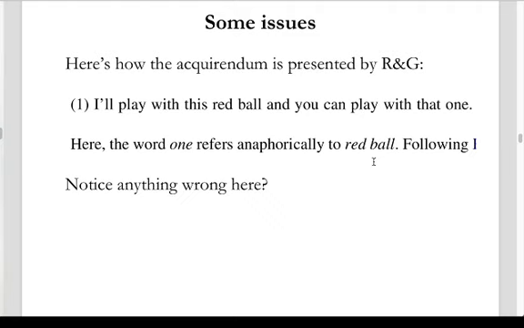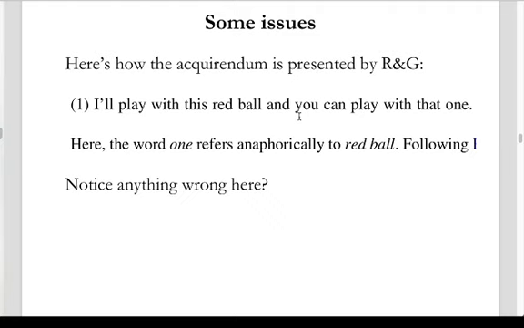So if you go back to the Baker presentation of this argument from the 1970s, the claim is not that in sentences like this, one has to refer to a red ball. In fact, if that were true, then it would be trivially easy to learn these facts. The claim is that it can either refer to a red ball or to just a ball. So this is, for instance, perfectly felicitous in a context where I'm pointing at a blue ball lying on the ground.